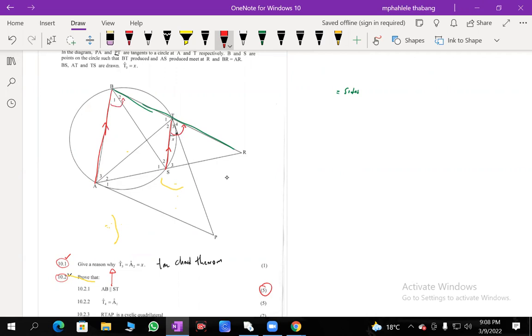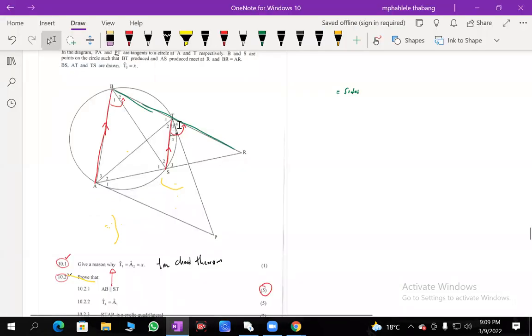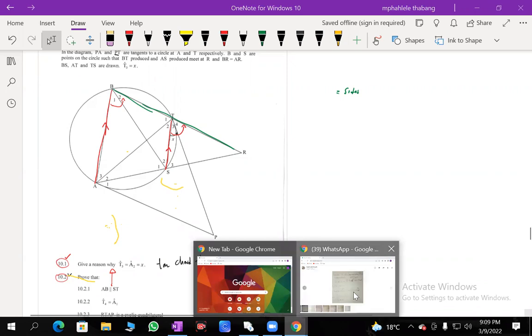You are saying these are the corresponding angles. You are right. You have a valid point. T3 plus T4 equals B1 plus B2. And then, let's see what you're doing after.